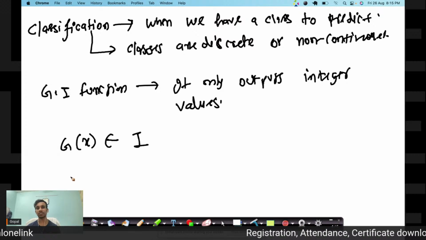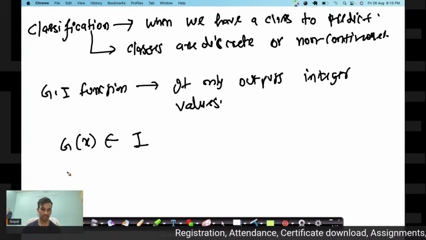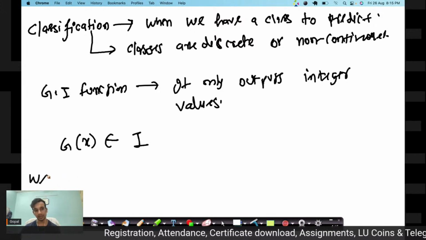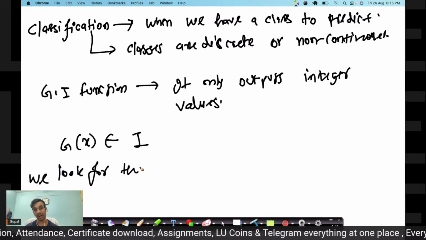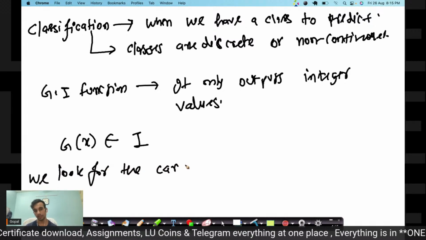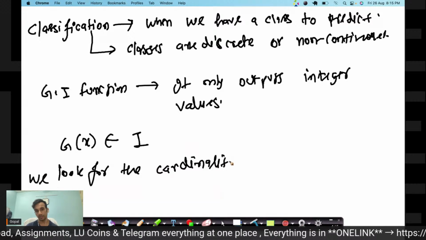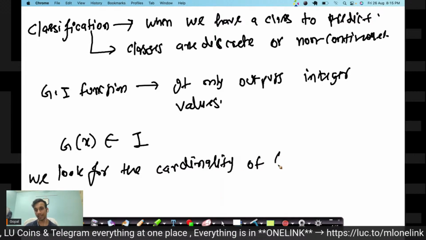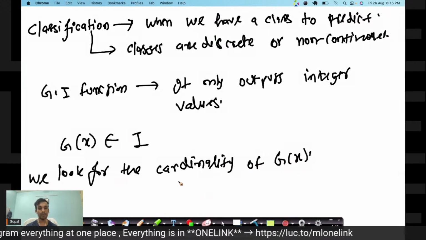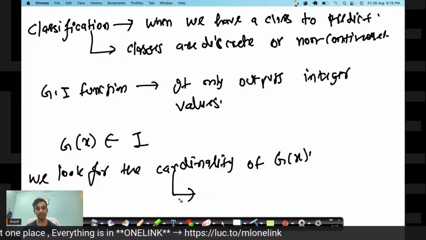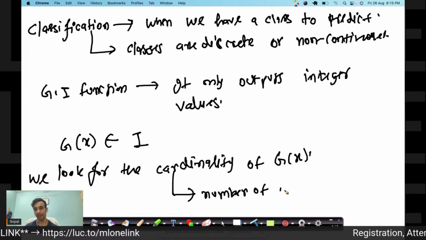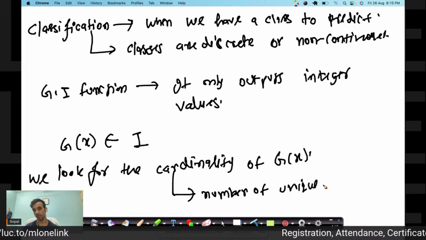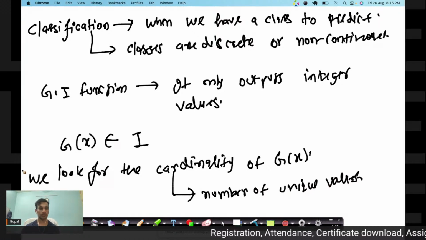What exactly is the constraint you need to take care of? We look for the cardinality of g of x. What do I mean by cardinality? Cardinality basically means the number of unique values, right?